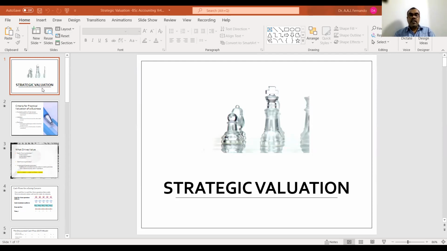For strategic management accounting, you need to understand the importance of strategic valuation and the different dimensions and aspects of valuation we discussed last week, and even value concepts explained in textbooks at micro level as well. So this is the macro level analysis.